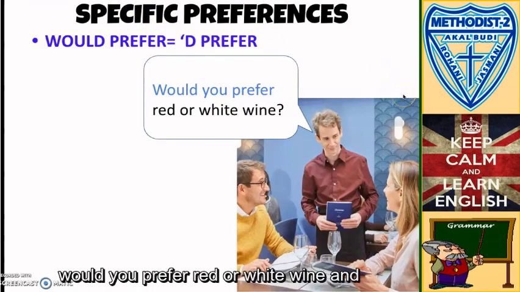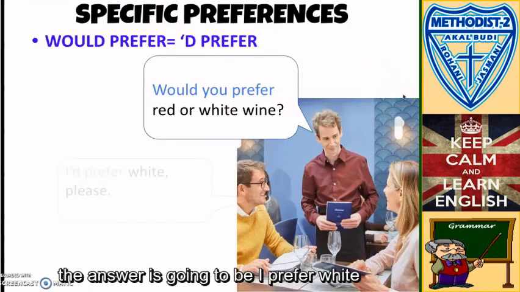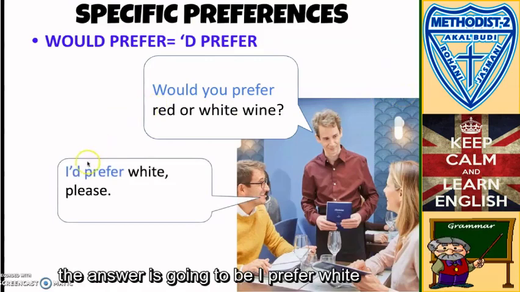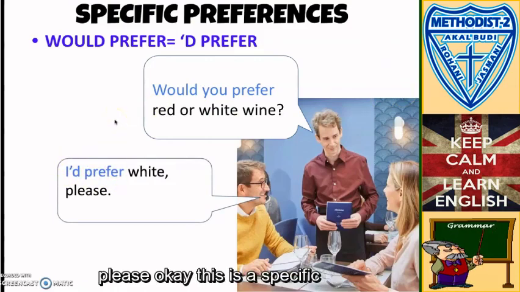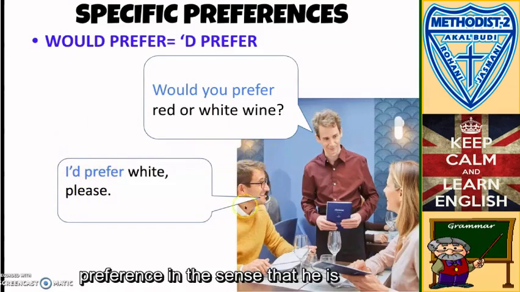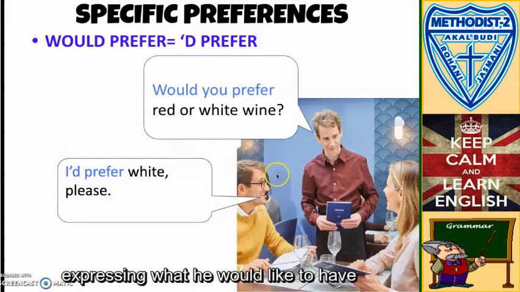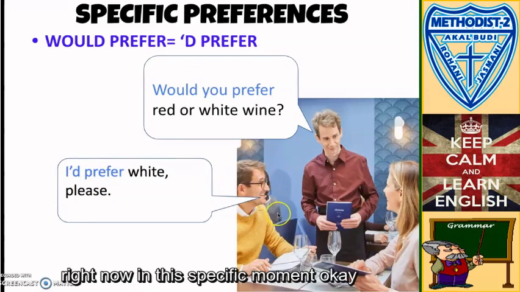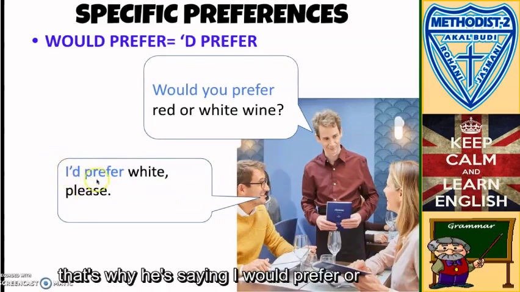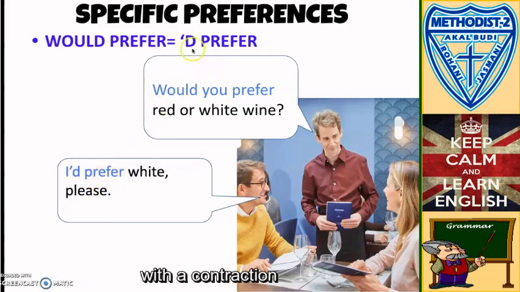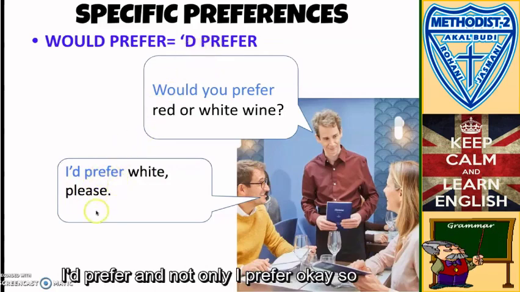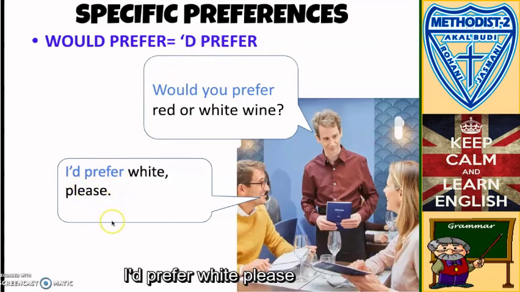So, would you prefer red or white wine? And the answer is going to be, I'd prefer white, please. This is a specific preference in the sense that he is expressing what he would like to have right now in this specific moment. That's why he's saying I would prefer, or with the contraction I'd prefer, and not only I prefer. So, I'd prefer white, please.